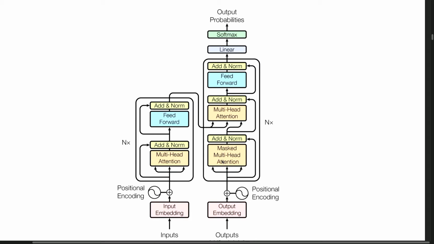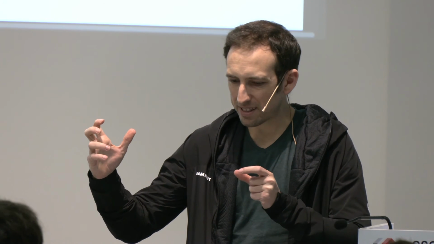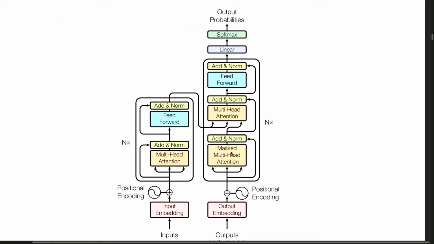But then when you compare the information that comes from English and the information that comes from German, there will be attentions of everything in English with everything contextualized in German. But at the same time, you want this thing to be able to generate words based on the previous words.